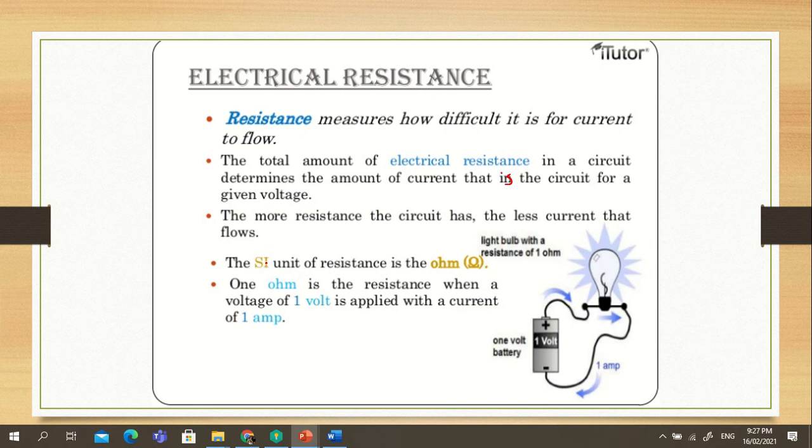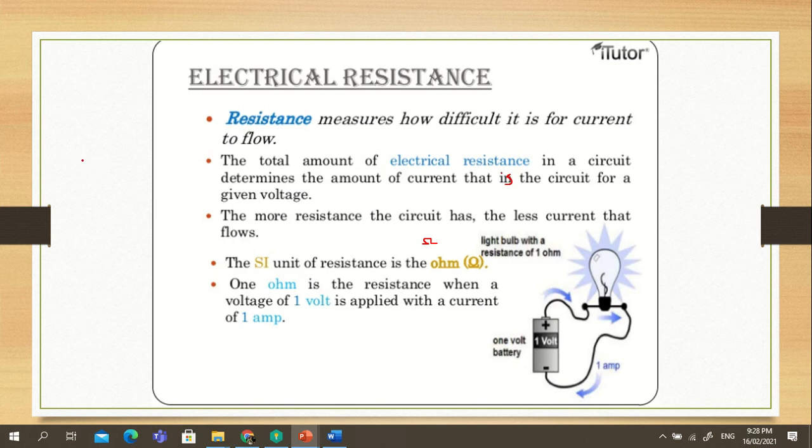The SI unit of resistance is called ohm, and this is the symbol of ohm, the omega. 1 ohm is the resistance when a voltage of 1 volt is applied with a current of 1 ampere.